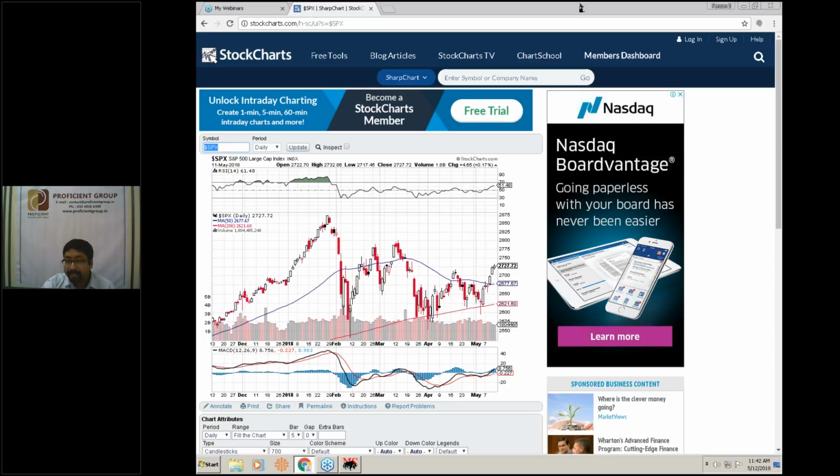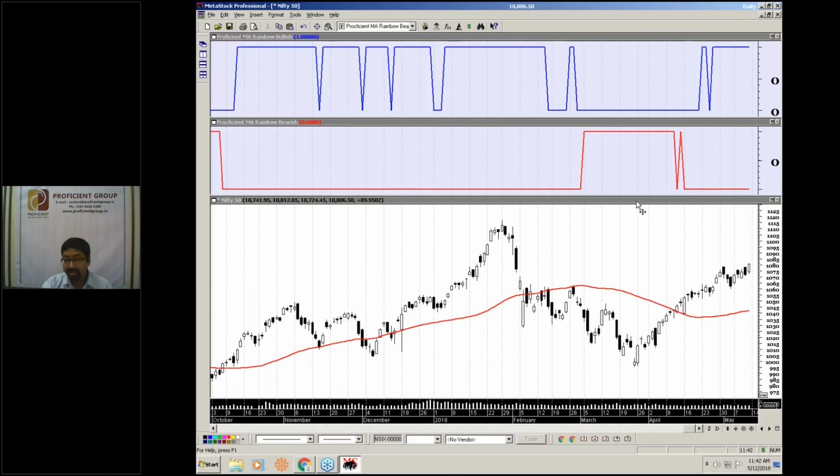Now let's come back to our Indian perspective, right? What is happening in India? This is the chart of Nifty on daily time frame. Please take a look.